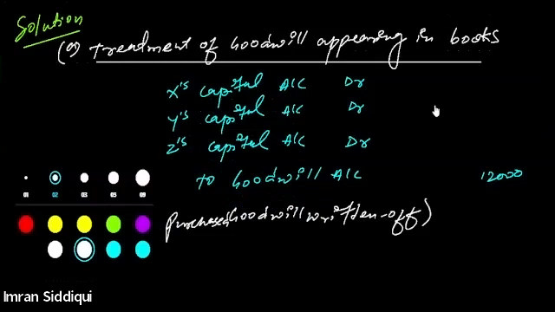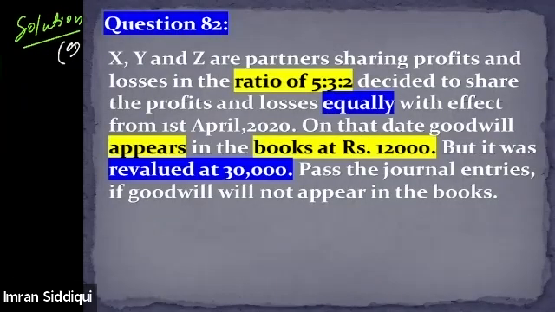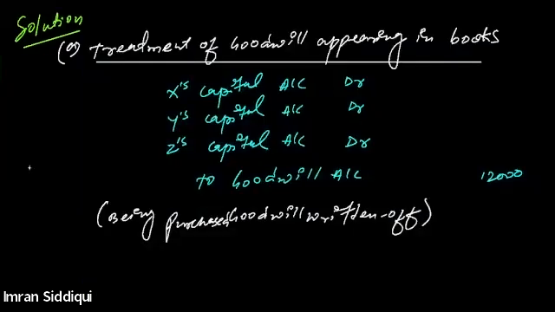Right? And the value will be, what is the ratio? Ratio is 5:3:2. Old ratio was 5:3:2. So that means 12,000 into 5 by 10, right?